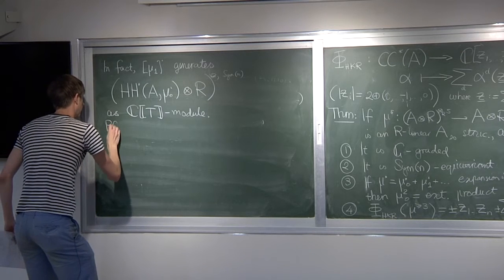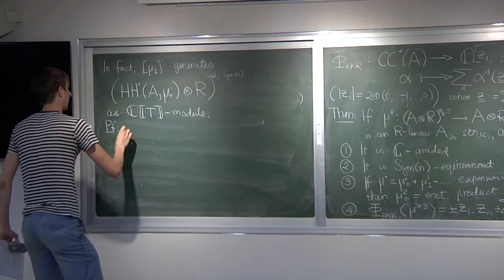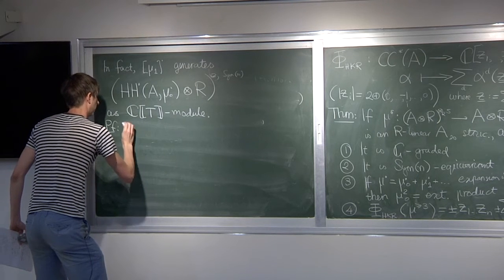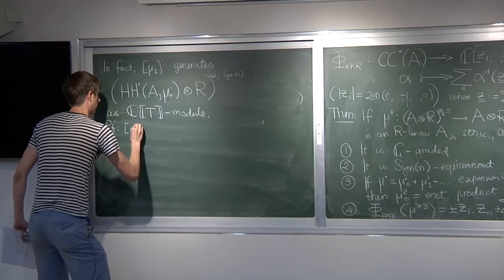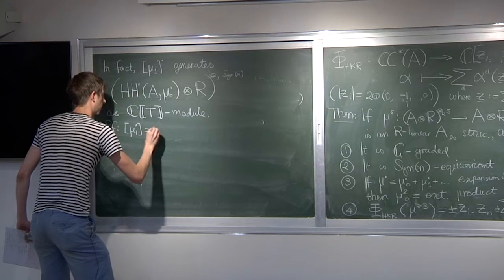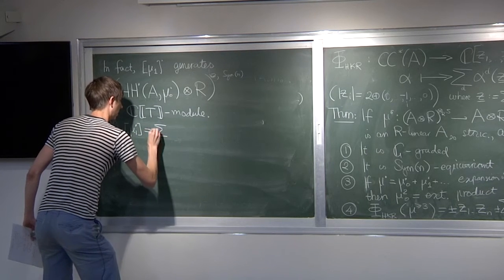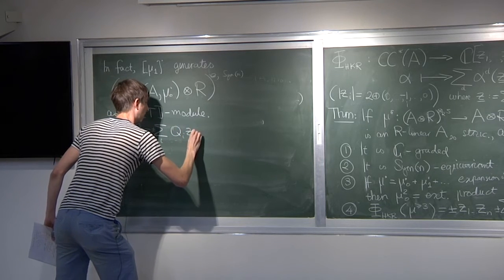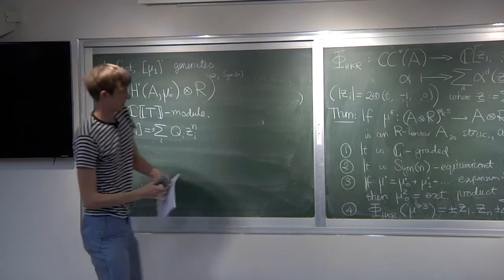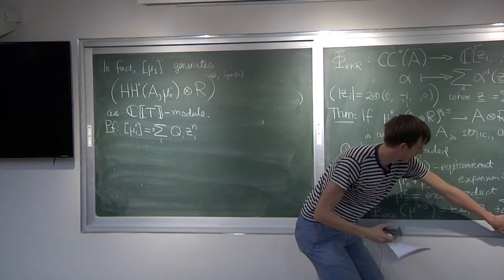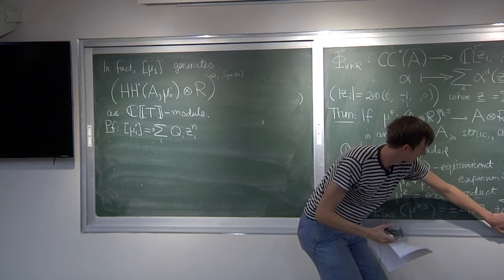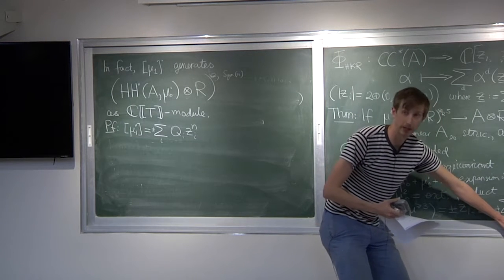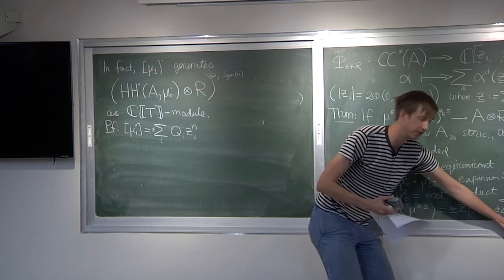And the proof is that by definition, the image of the leading part of mu under this HKR map is given by this guy here.